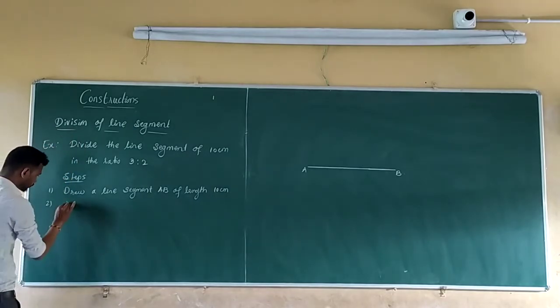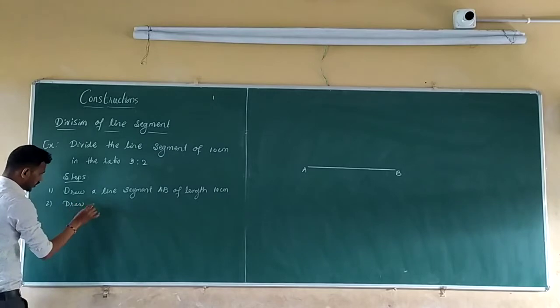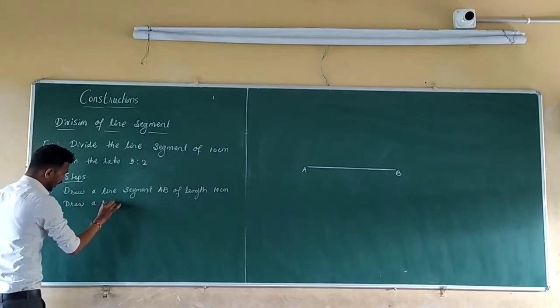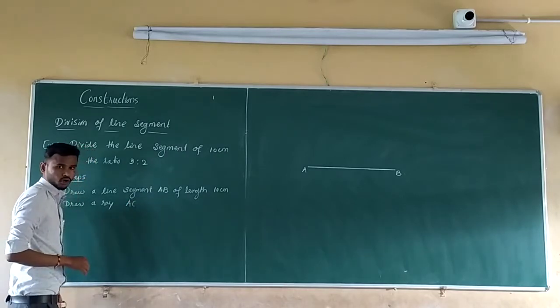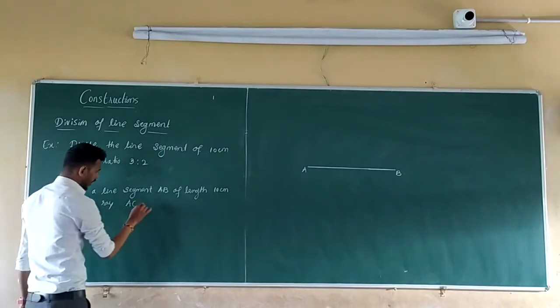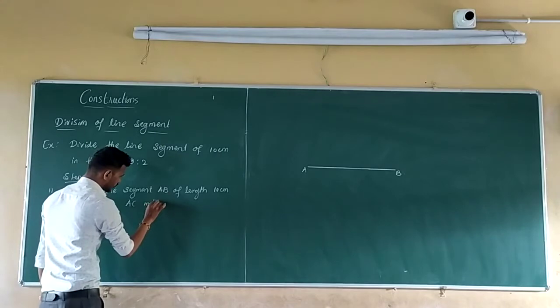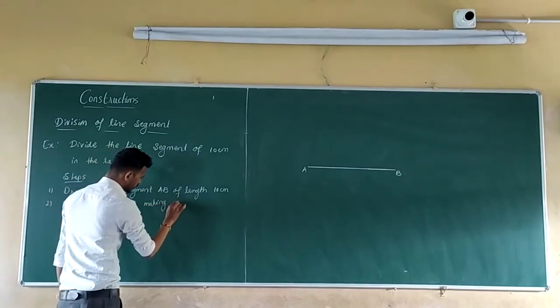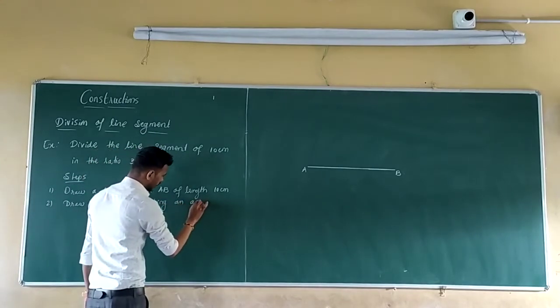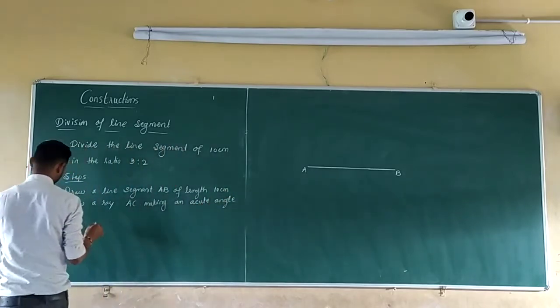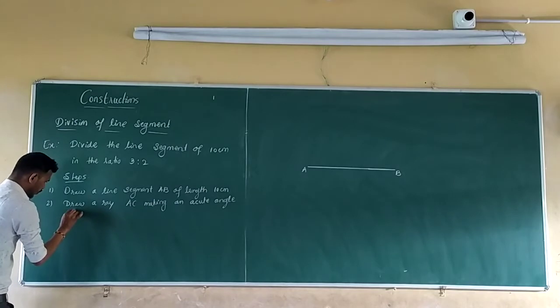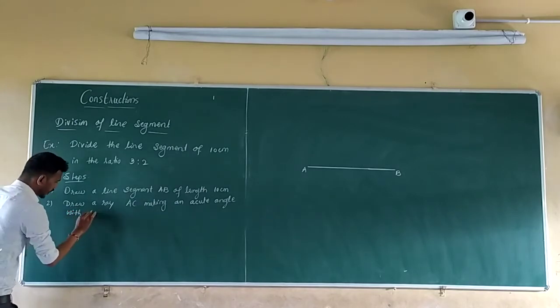Next, second one, draw a ray AC making an acute angle with AB.